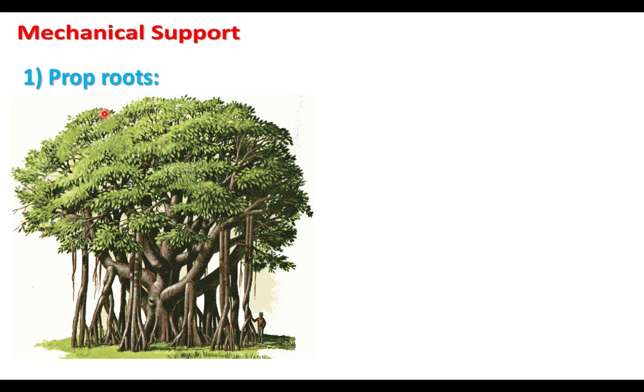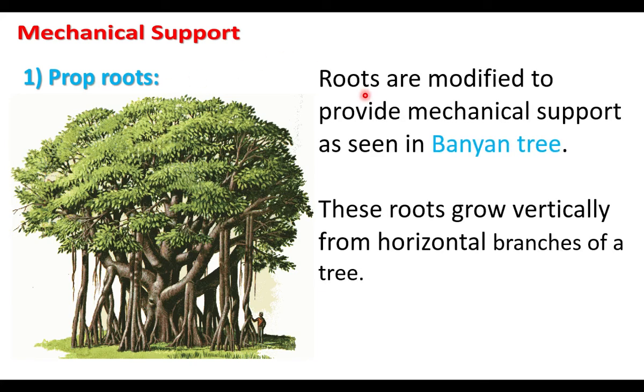Pillar-like roots are called prop roots. Roots are modified to provide mechanical support as seen in banyan tree. These roots grow vertically from horizontal branches. These roots grow vertically and support the plant. This is a prop root.